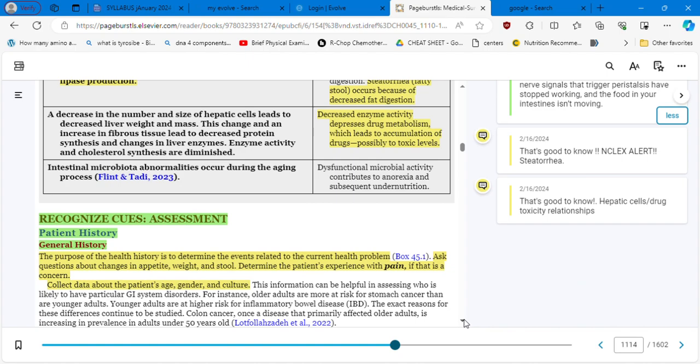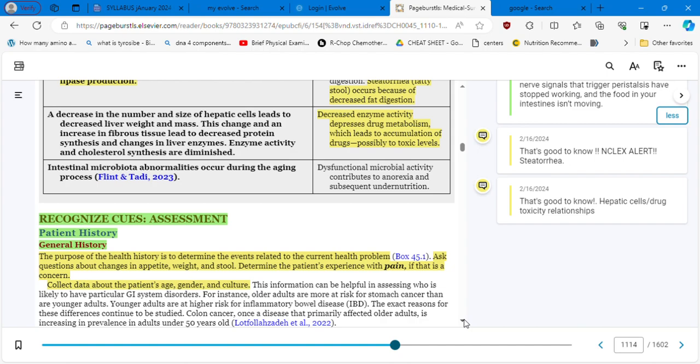Intestinal microbiota abnormalities occur during the aging process. Dysfunctional microbial activity contributes to anorexia and subsequent undernutrition. So as I told you, all the factors like deficiency in hydrochloric acid, lack of bile production, this imbalance in microbiota can contribute to different problems in the GI system, which in fact can translate to problems in the brain and the overall health.